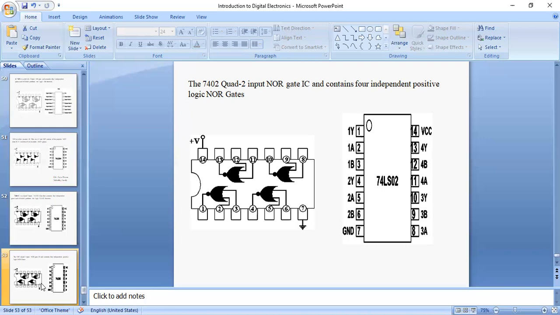If the input is high, the OR gate output is high, and the NOR gate output is low. Why? Because the output of the OR gate comes through a NOT gate, so we are getting low for high and high for low. That's why the NOR is completely opposite to the OR gate. That is about the NOR gate. So you have to remember this pin configuration is different from the other configurations.